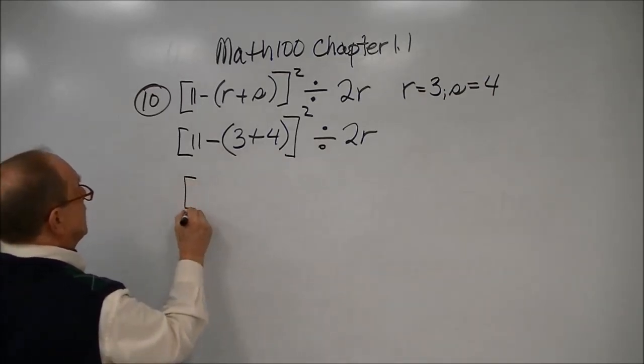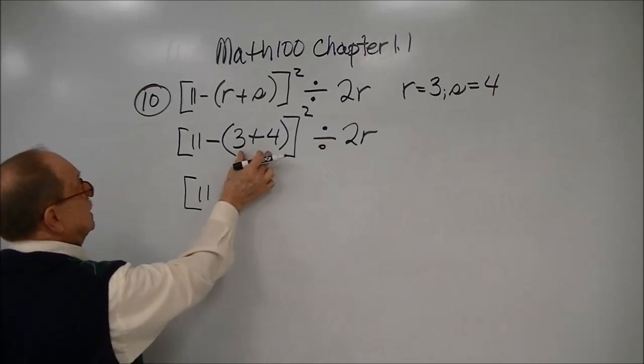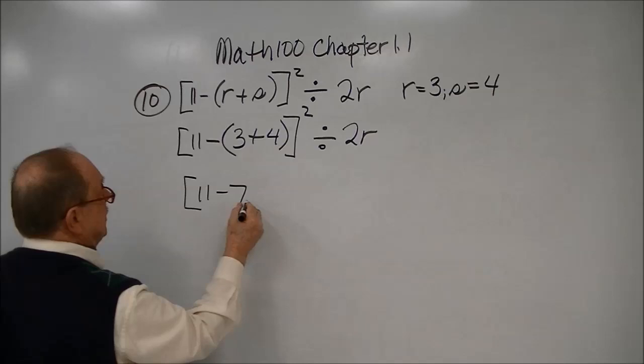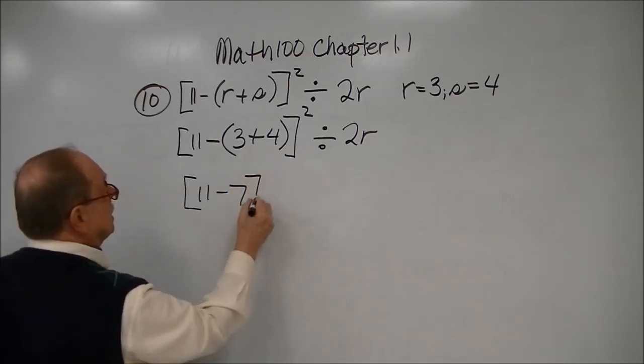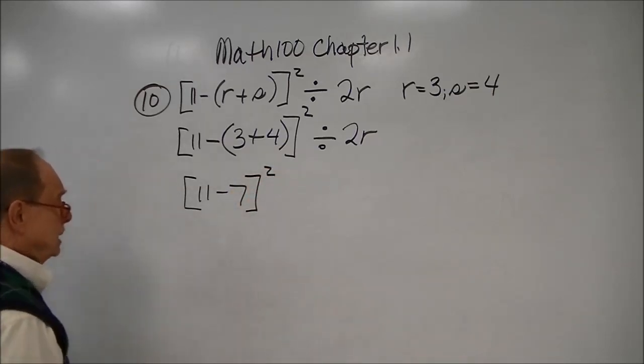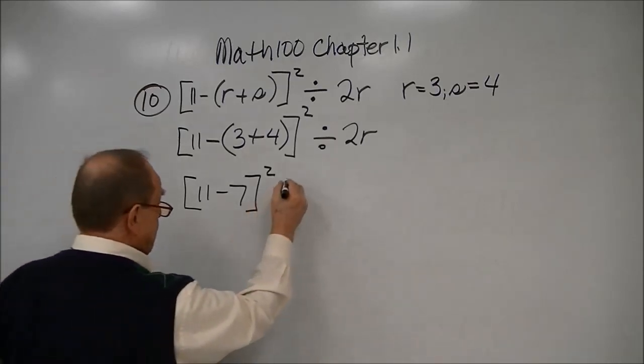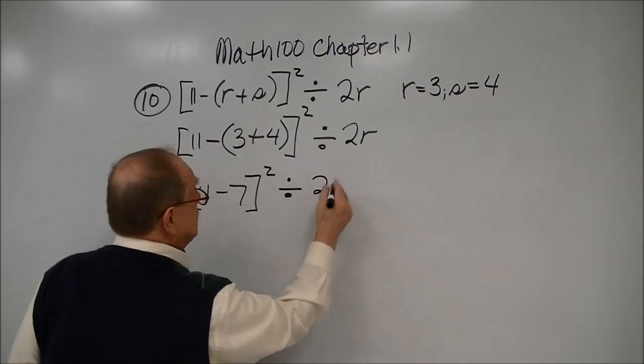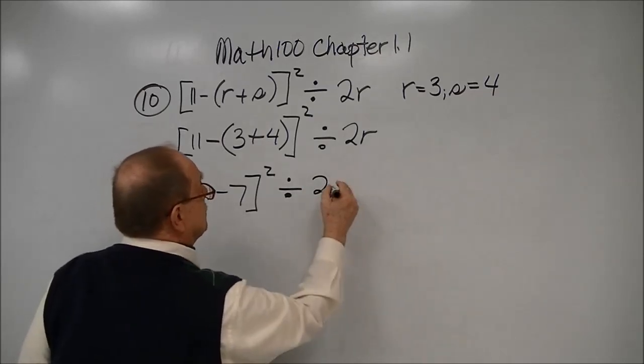This becomes then an 11. This is going to be a 7. So minus 7. And then we're going to square that. And then divide it by 2. And we should replace the R with a 3.